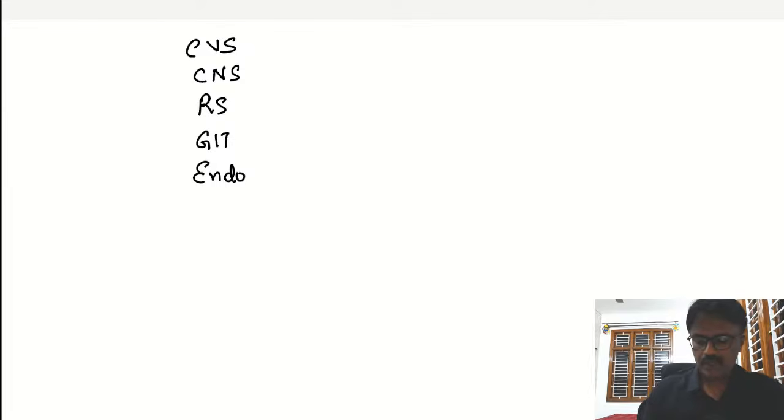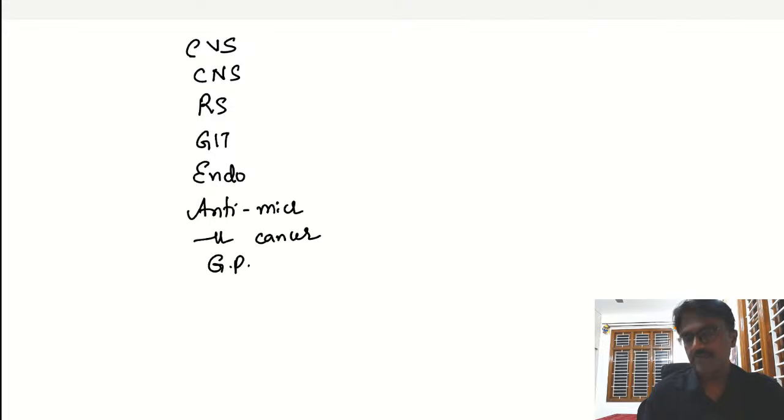And then we covered antimicrobial, anti-cancer, general pharma, and asthma. Autocoids, mainly gout, they will ask you. So most of the important aspects we already covered here.